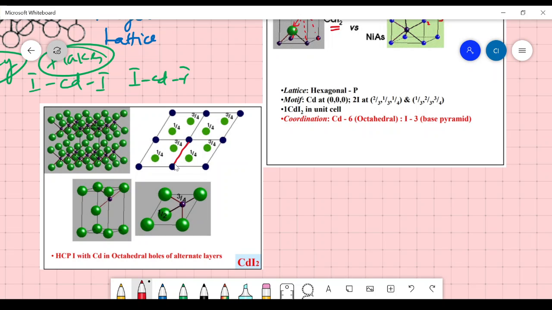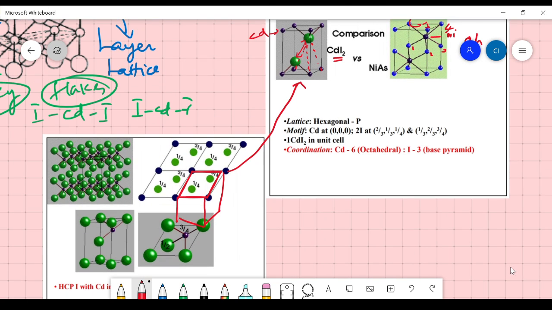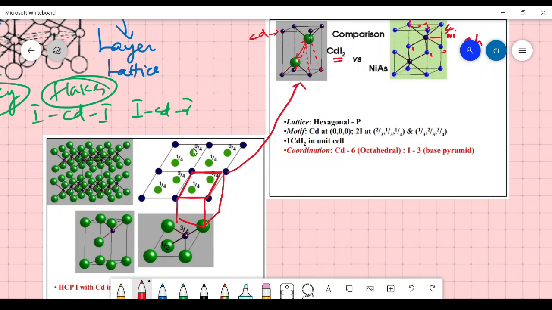We just had this cube, right? So you just draw one more layer there, and you're going to get a cube like this. But that is not our concern. In these two cubes, you can see that we have got two atoms in a particular cube. This one will take up this, and this one will take up this, right? So likewise, if you join the four cubes in place, you are going to get a very good hexagonal layer like this.